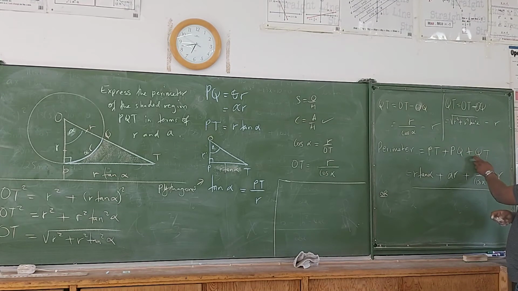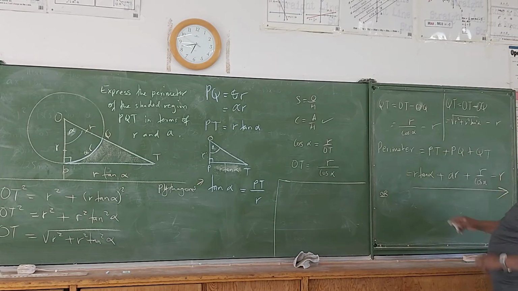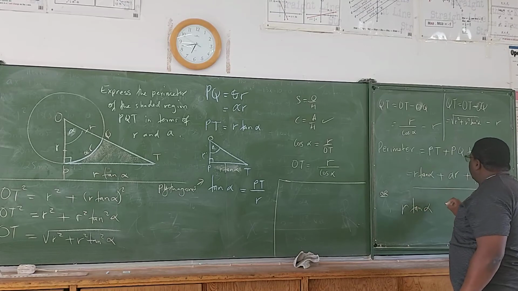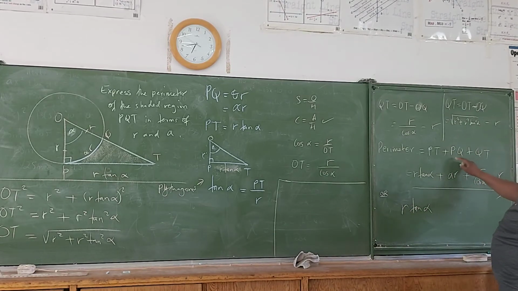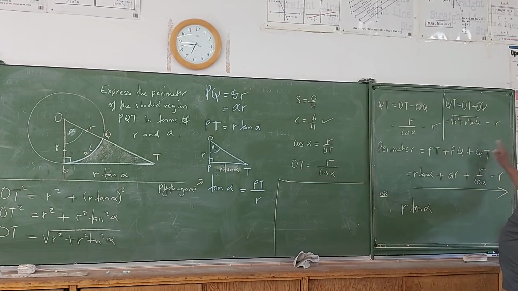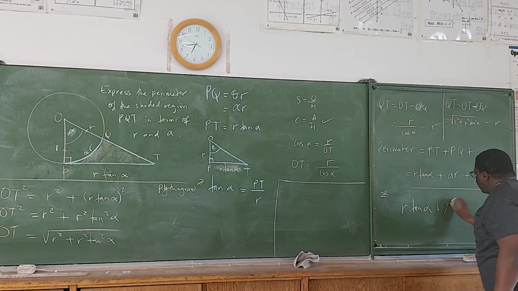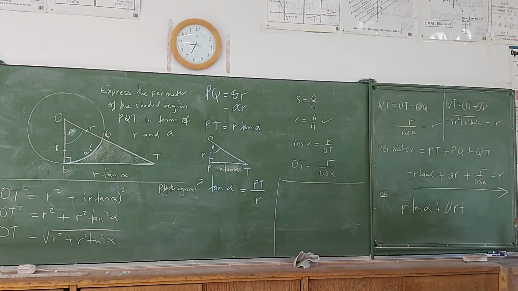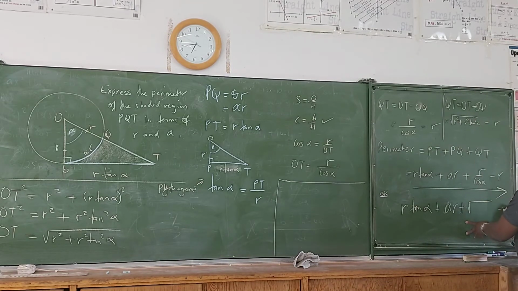You follow? So my answer could also have been R tan alpha plus alpha R plus that distance minus R, being the square root of R squared plus R squared tan squared alpha.